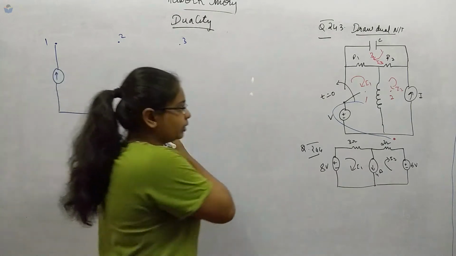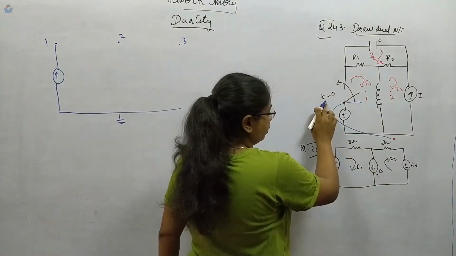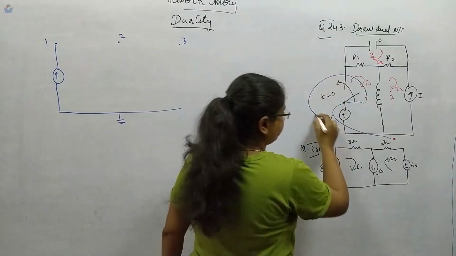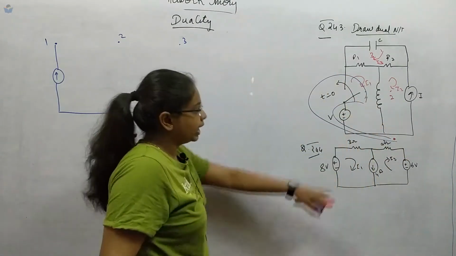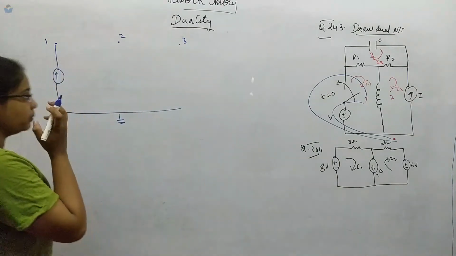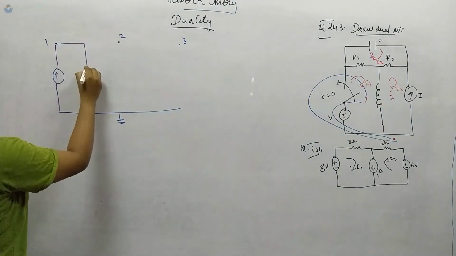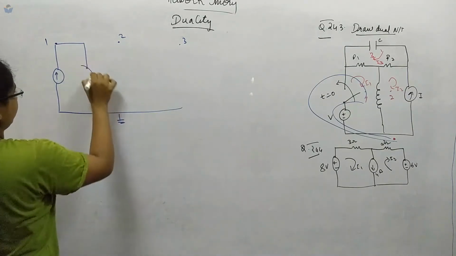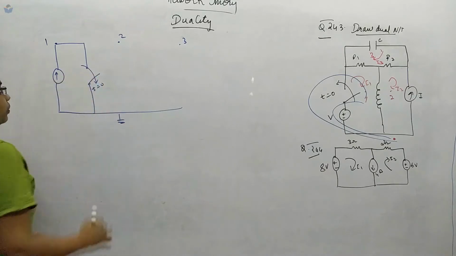Similarly, here the switch is closed at t equals 0, and from 1 to the reference node we have this switch. The voltage and switch are in series, so series becomes parallel. That means we make this switch open at t equals 0.